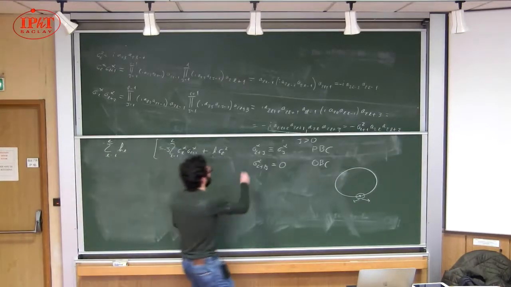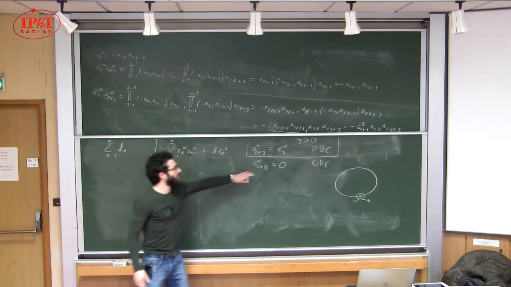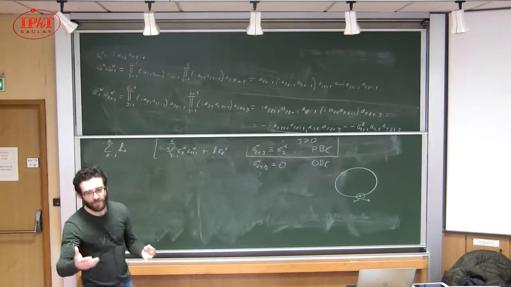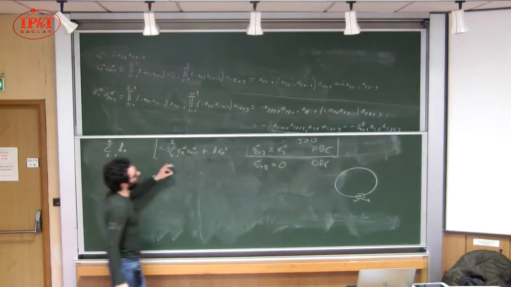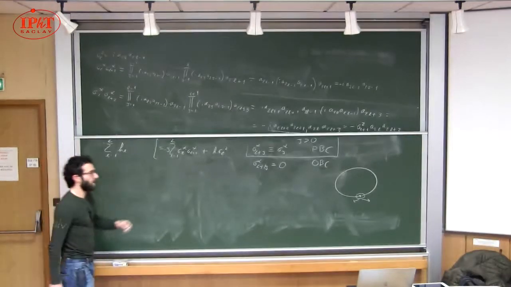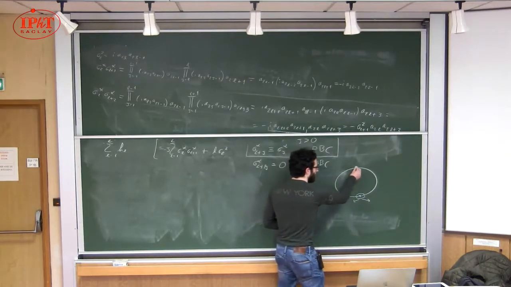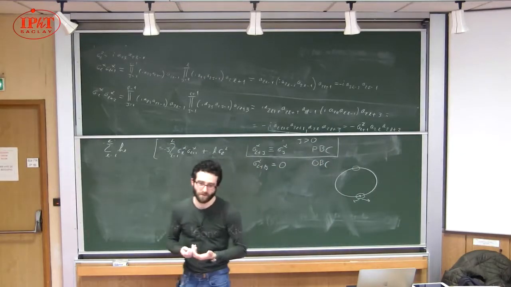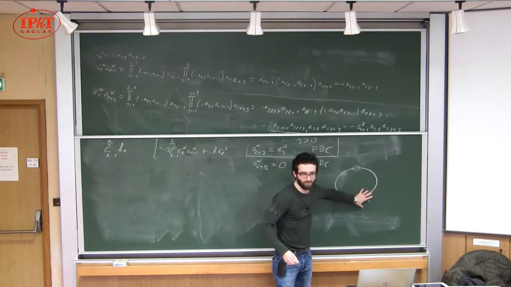Okay, so we focus on this. The problem with open boundary condition can also be solved, but if you start the calculation, you realize that it's more complicated. So this is why I prefer to consider periodic boundary conditions. I just anticipate something and tell you that if you are considering observables that are far away from the boundary, then you should expect that the result will be independent of that choice.